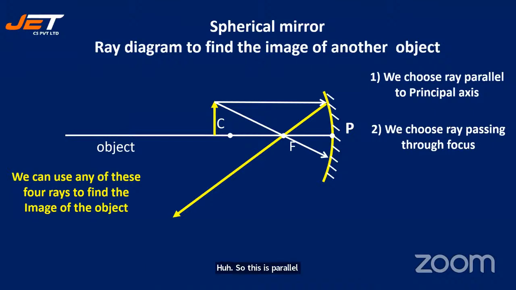Sideksha says it will pass through C. Raki says parallel. See what is happening. The ray passing through focus will, after reflection from the mirror, be parallel to the principal axis. Yes, you're mostly right. One of you has answered C.